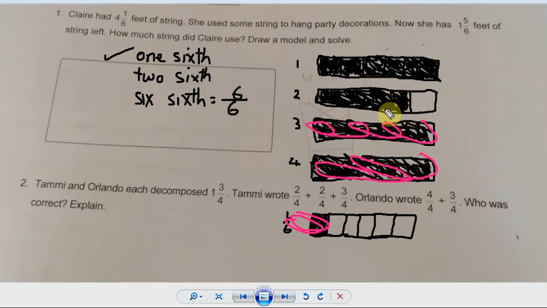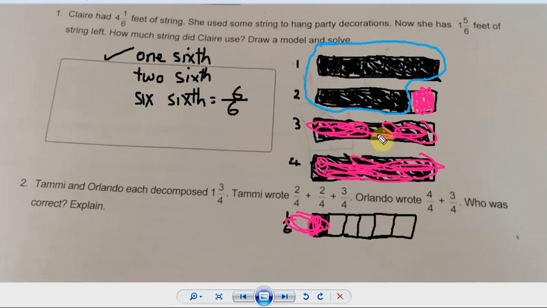So that's all she had left after using up. So she would have used up this part. So she used up these two, the small piece of 1/6 that she had, and she also used up 1/6 out of this one, right? So all she had left now was 1 whole and 5/6, which is this.